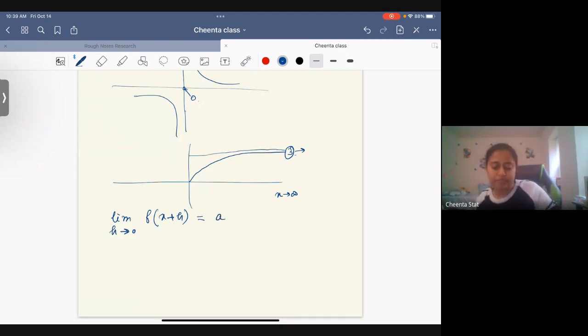Say this is a. In the small neighborhood of x, it is approaching a value of a.